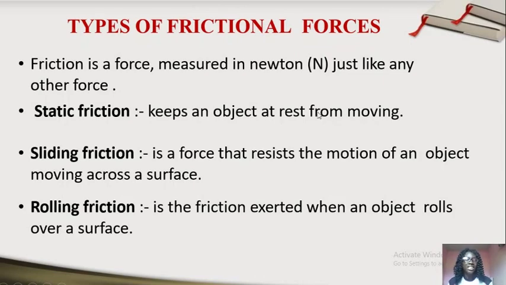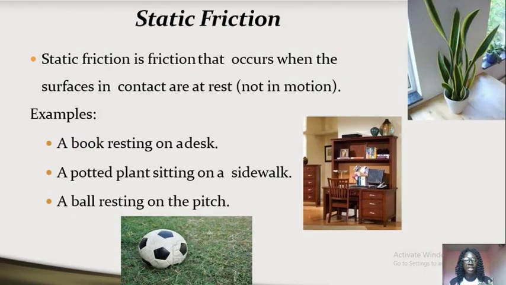It prevents that object from moving. Sliding friction is a force that resists the motion of an object moving across a surface. And rolling friction is a friction exerted when an object is rolling over a surface. So let's look at an example of each of them.